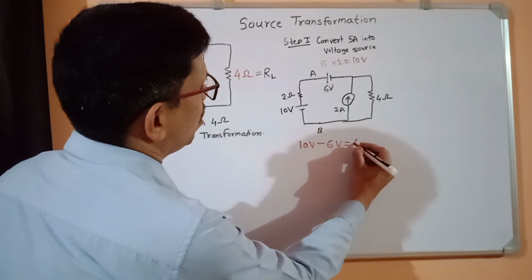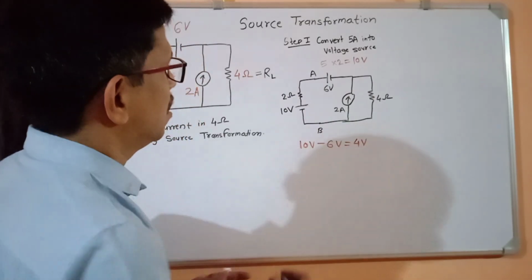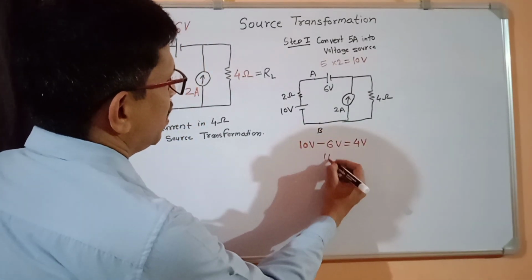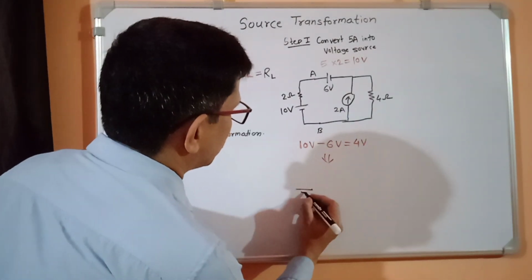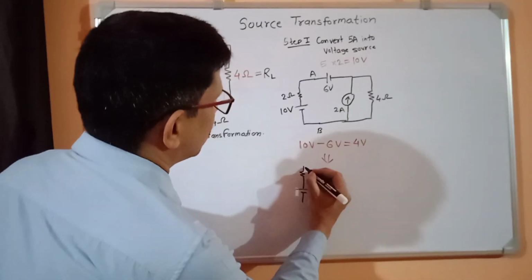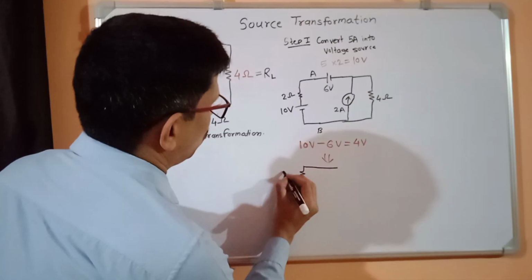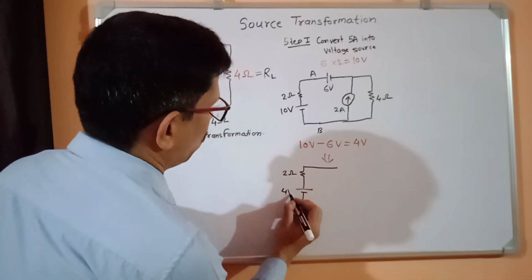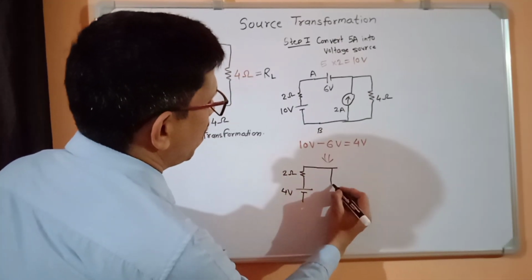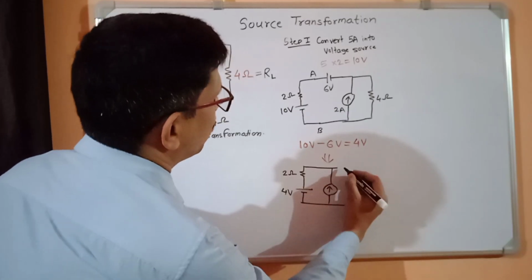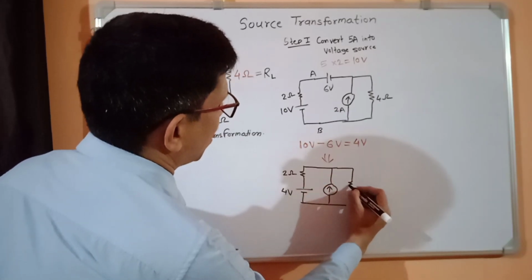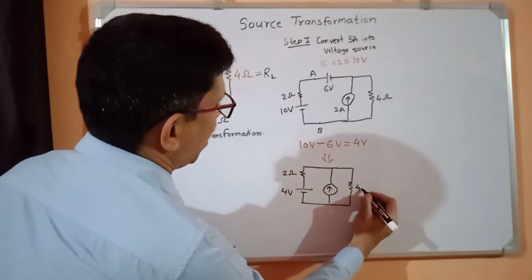So the total voltage will be 4 volt. So the new diagram has 4 volt with 2 ohm, this 2 ampere as it is, and this 4 ohm, our RL, will remain as it is.